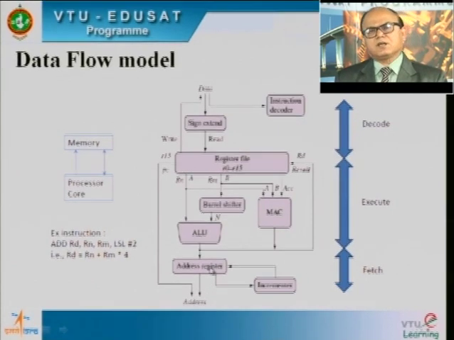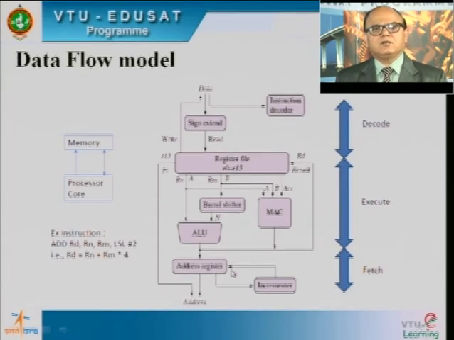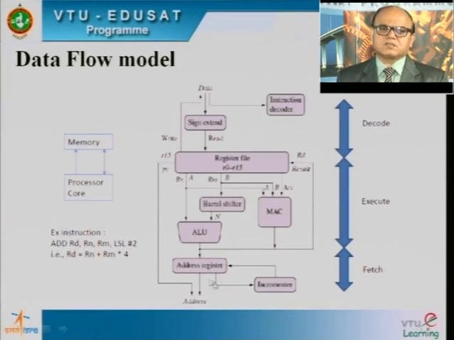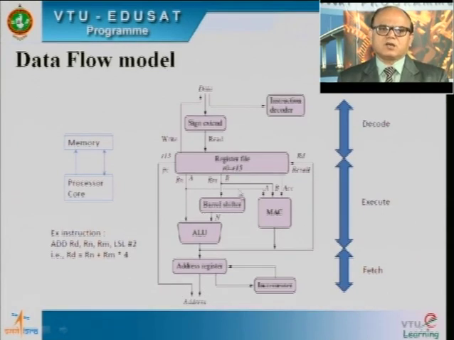That means after fetching every instruction, the address is to be incremented so as to point to the next instruction address, or I need to keep updating the program counter, for which a circuit is necessary, and that is done by this circuitry, right? And the address is obtained here, and this is how the ARM core looks.